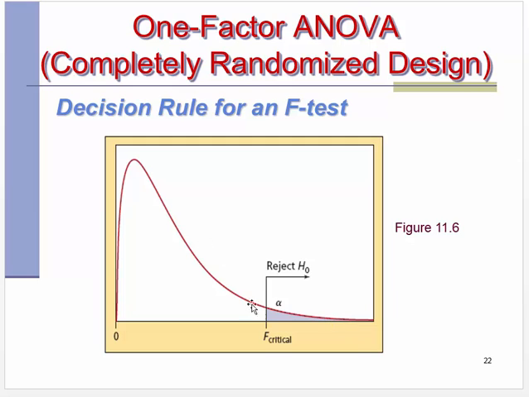The long tail is to the right, and for a given alpha level, normally 5%, so it's 95%, alpha equals 0.05, and you find your critical value. If your F test statistic falls in this region, we reject null. If it falls in this region, we do not reject null. That's how we do the ANOVA.